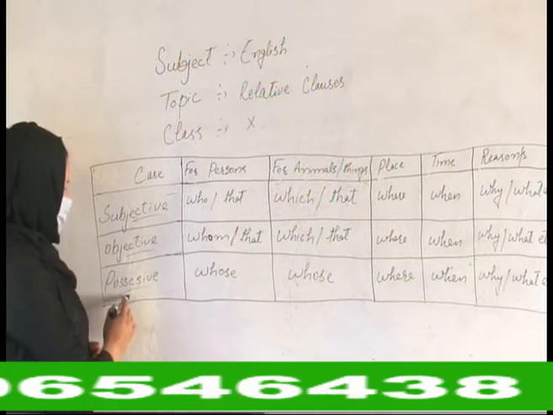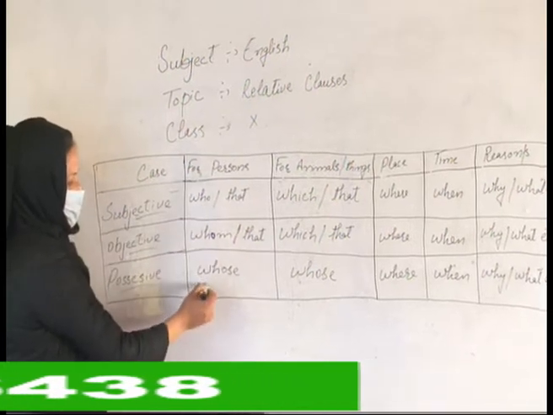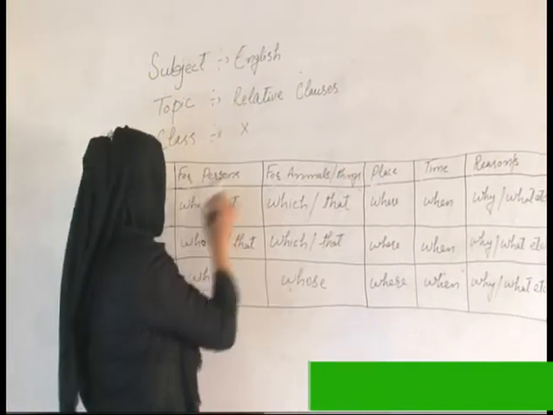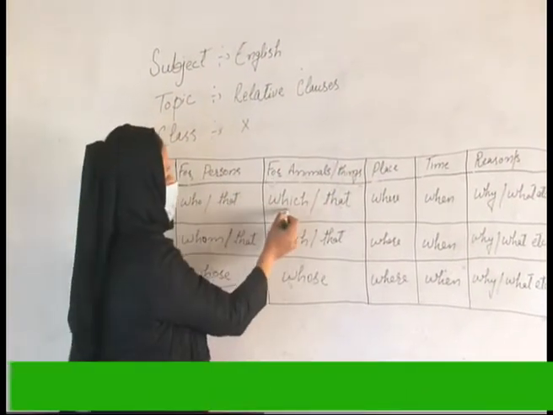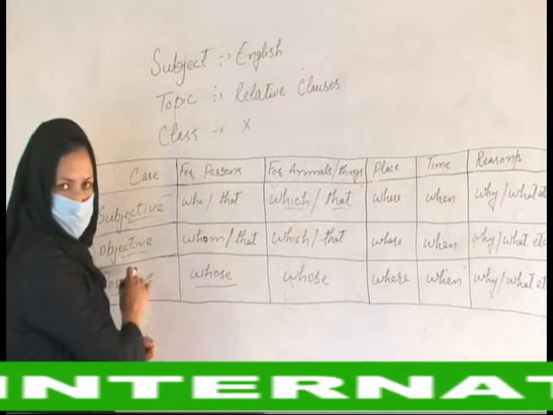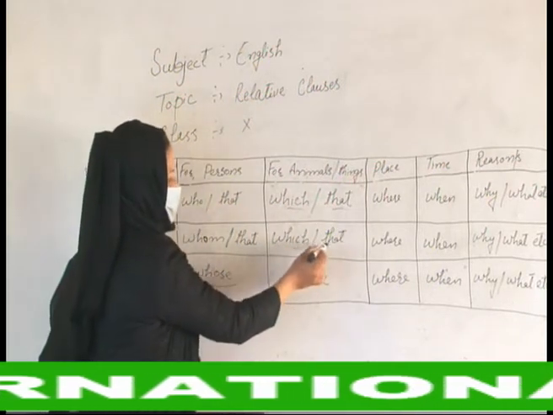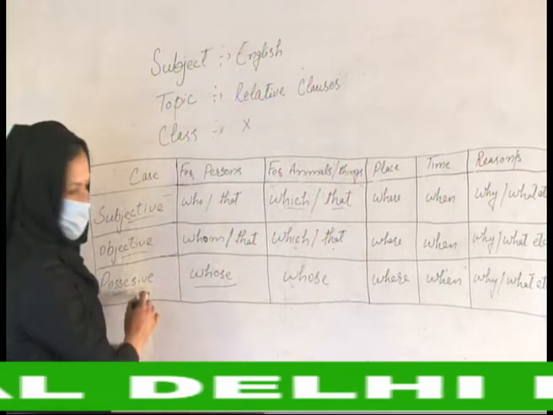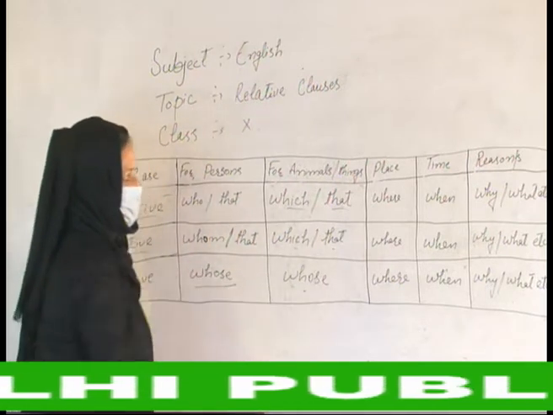And with the possessive case, for persons we use whose. Okay? And for animals, with the subjective case, we use which and that. For animals, with the objective case, we use which and that. And for animals, with the possessive case, we use whose.